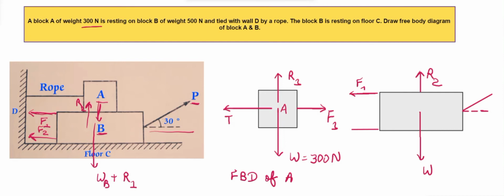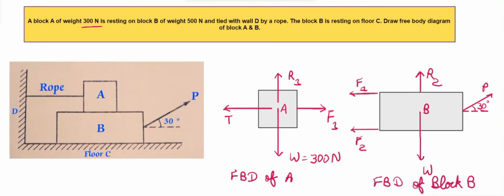In the downward direction, the weight is acting, and in the upward direction, the reaction is R2. Also, in the downward direction, we have one more force, which is due to A. So we'll write it as WB plus R1, which will be equal to 500 plus R1. And below the diagram, write it as free body diagram of block B.